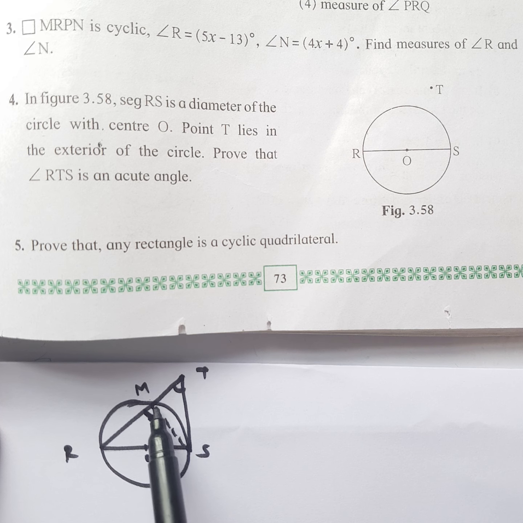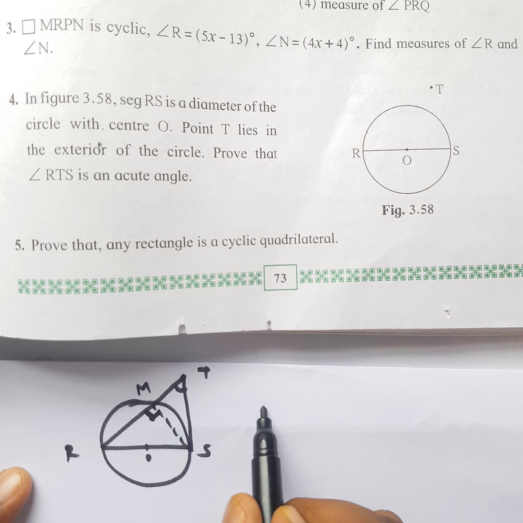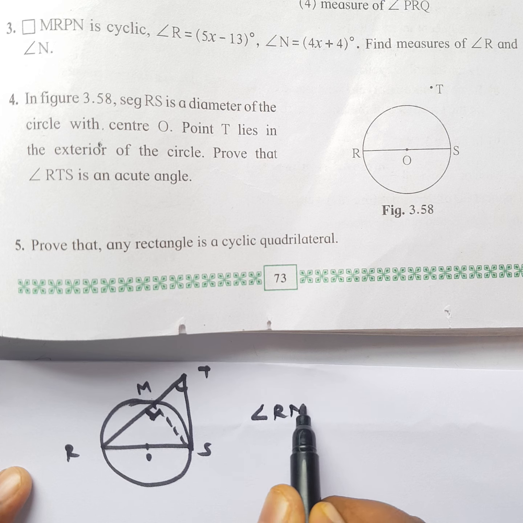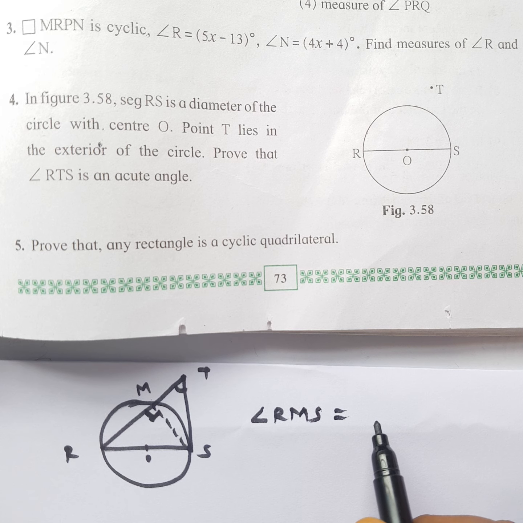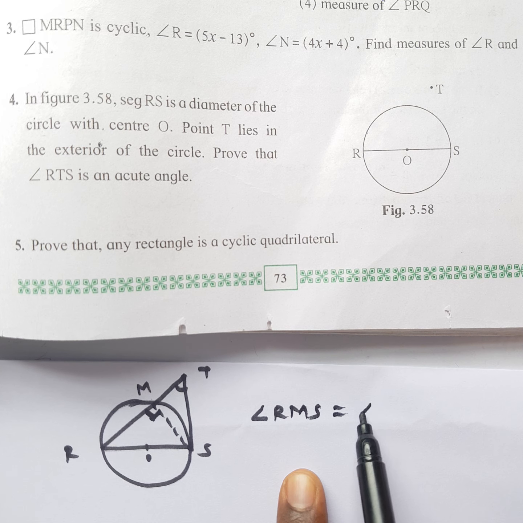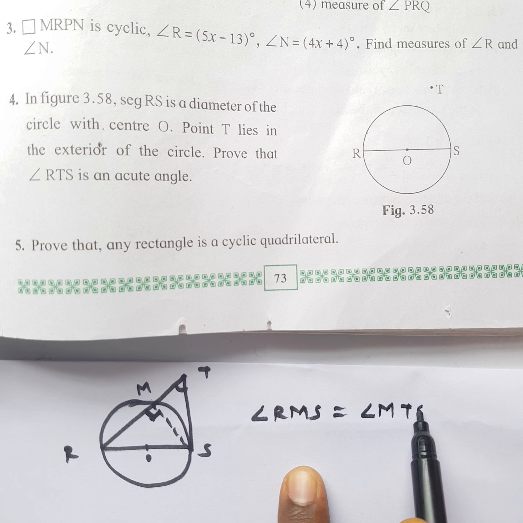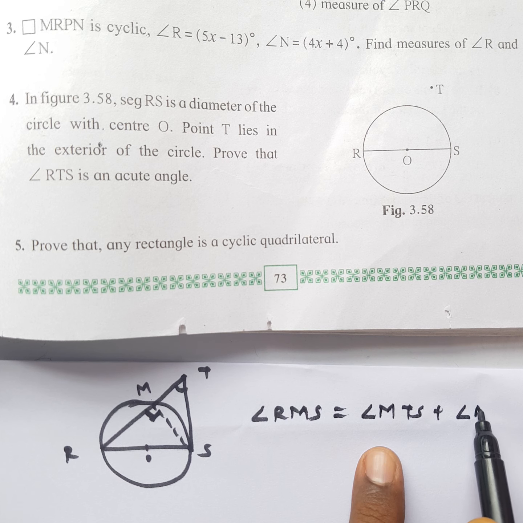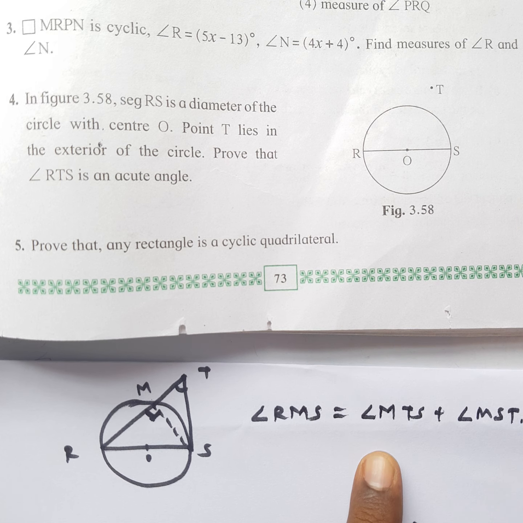With respect to triangle MTS, this is the exterior angle. The measure of an exterior angle is equal to the sum of the measures of its remote interior angles. Means angle RMS is equal to the sum of angle MTS plus angle MST.